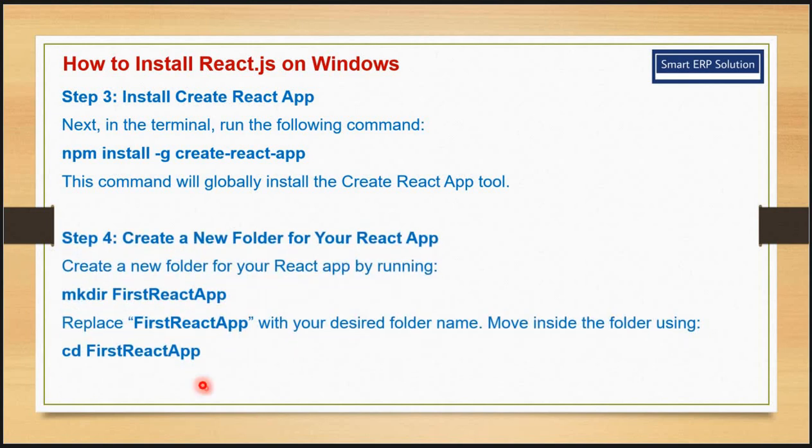Then step 4, create a new folder for your React app by using this command in the command prompt. mkdir, this is the folder name. You can write anything of your choice here. This will be the folder name of your app. mkdir means you need to create a folder.